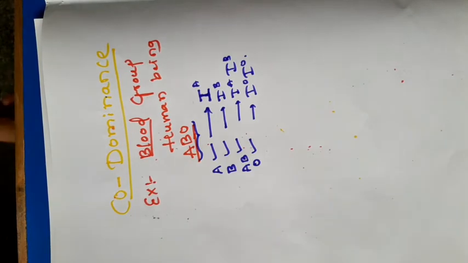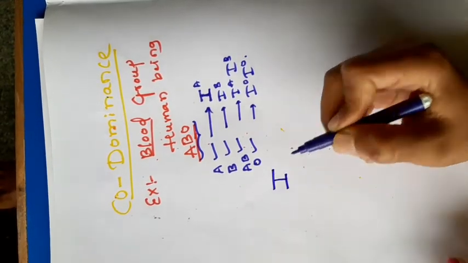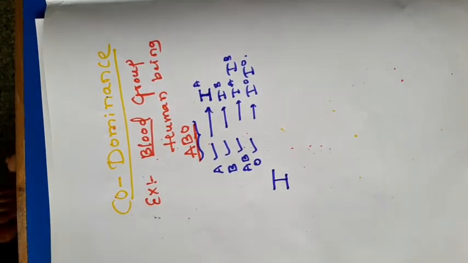ABO blood group in human beings is controlled by the gene I, that is immunoglobulin. In the plasma membrane of red blood cells, that is RBC, there are sugar polymers on the surface, and those are having the different immunoglobulins.